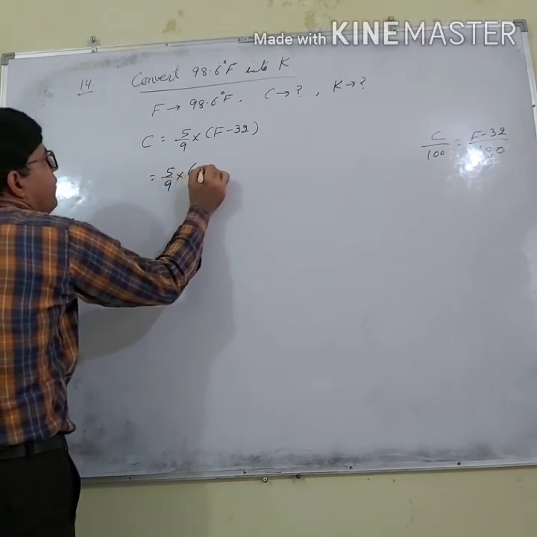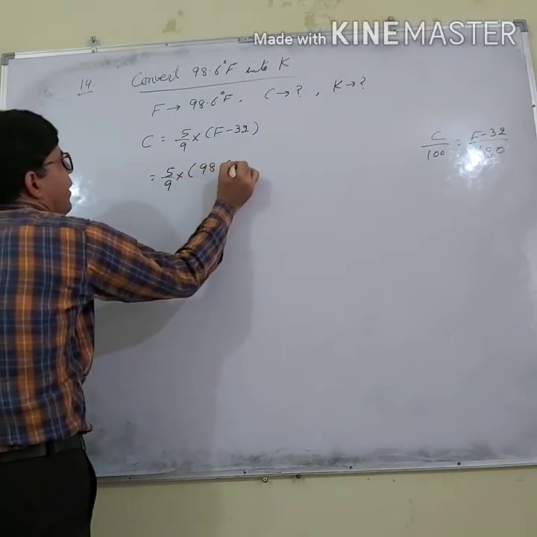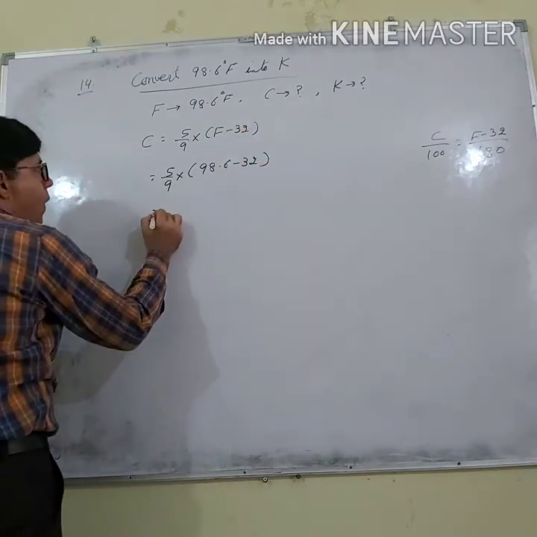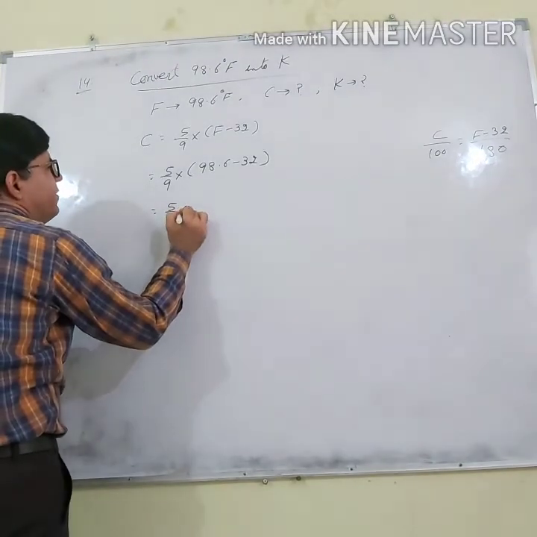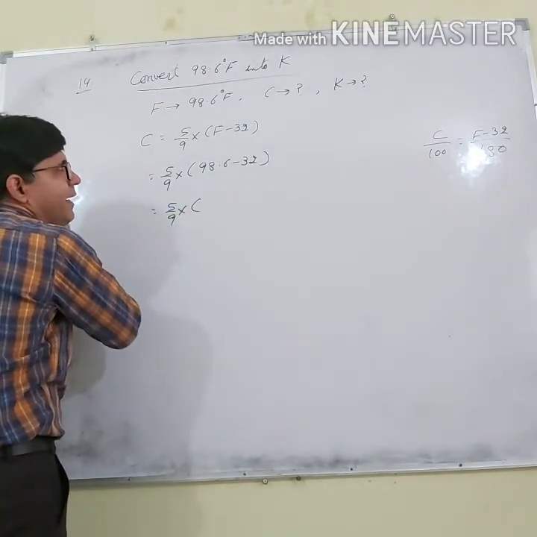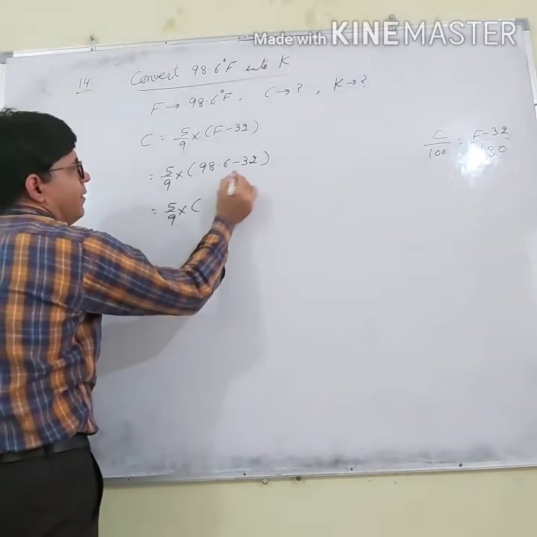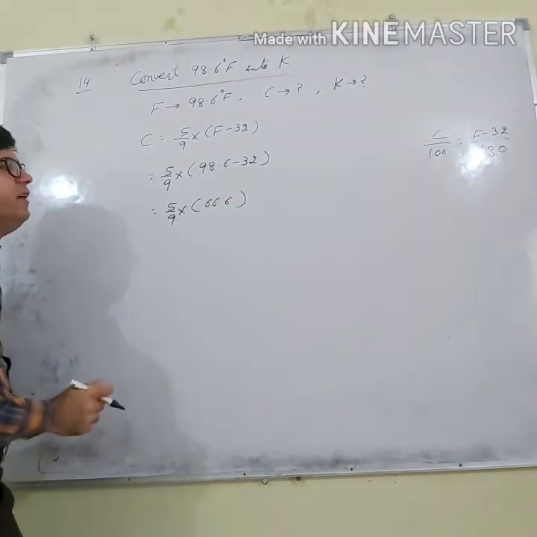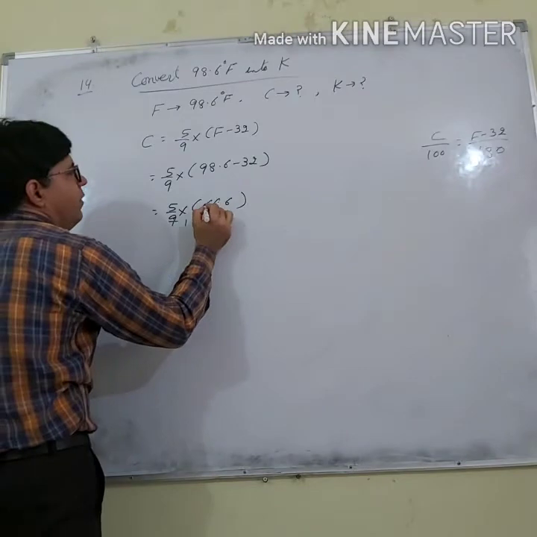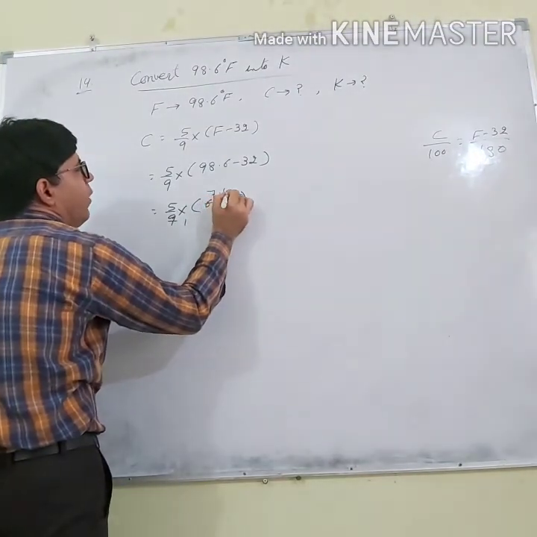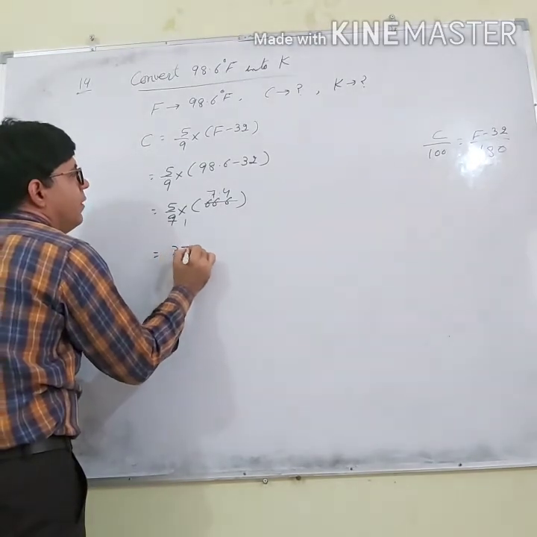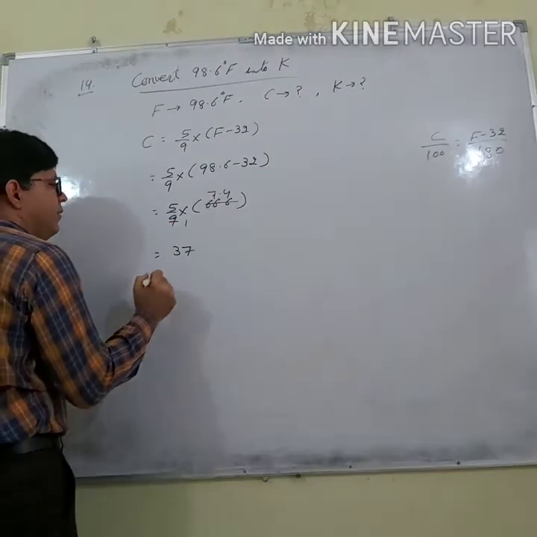What is F here? 98.6 minus 32. And what is this? If you do as we have done before, 66.6. And when you multiply by 5 by 9, how much will it come? 37.